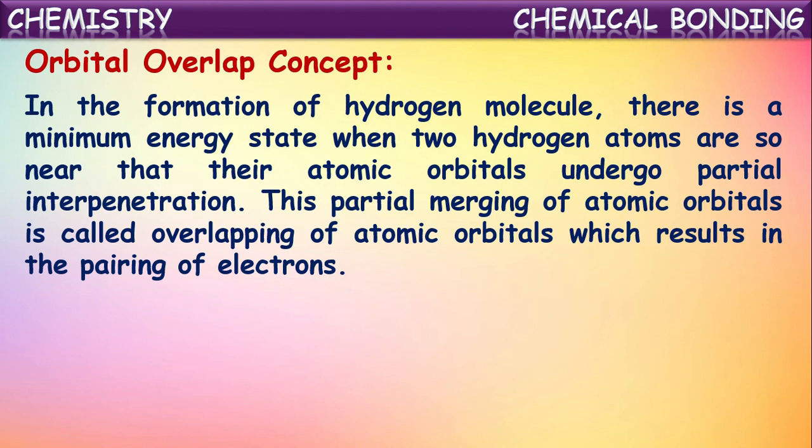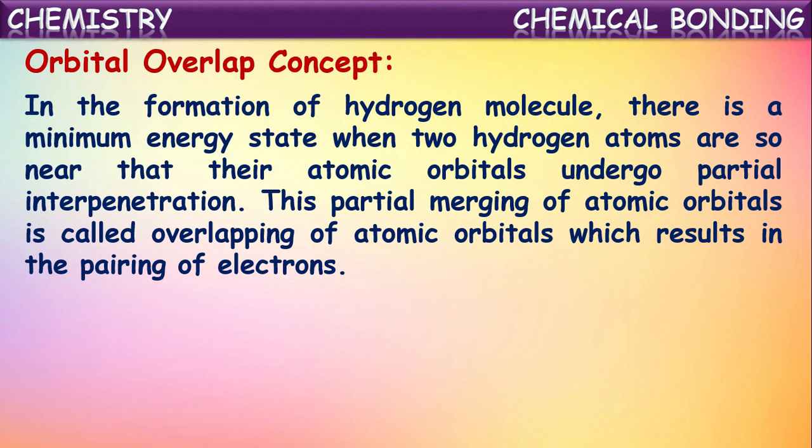So the hydrogen atom which has one electron in its orbital approaches another hydrogen atom which has one electron in its orbital. When these two hydrogen atoms approach each other to a certain distance, the orbital of one hydrogen merges, that means it interpenetrates into the atomic orbital of the other hydrogen.